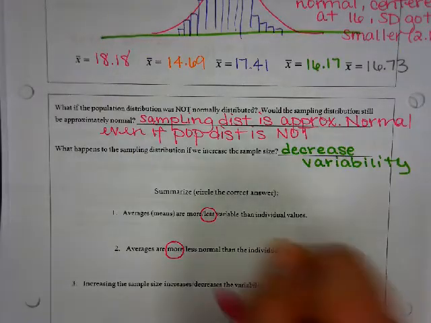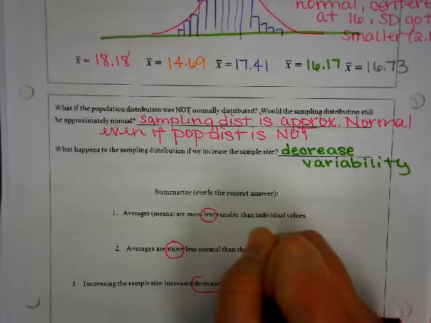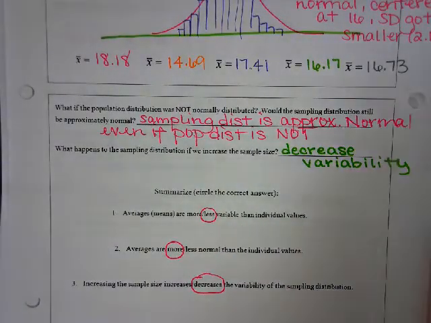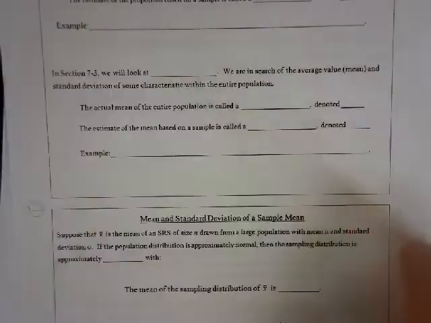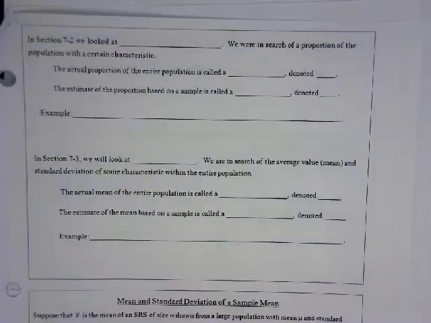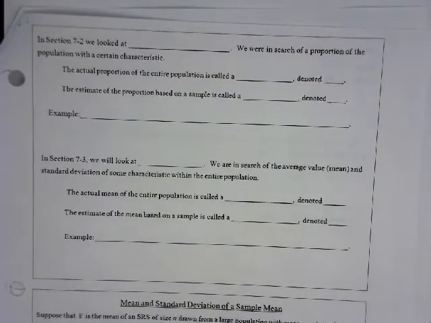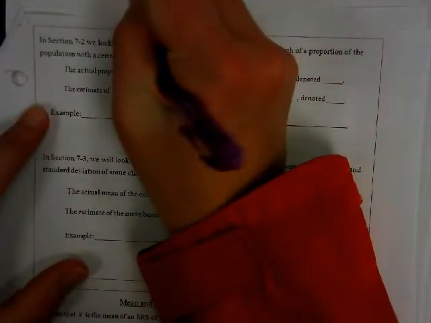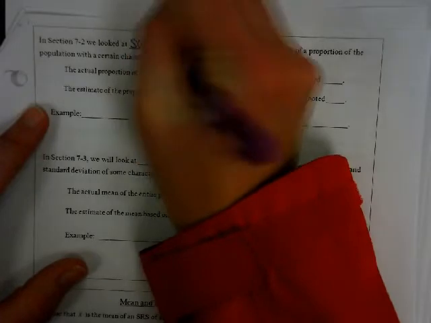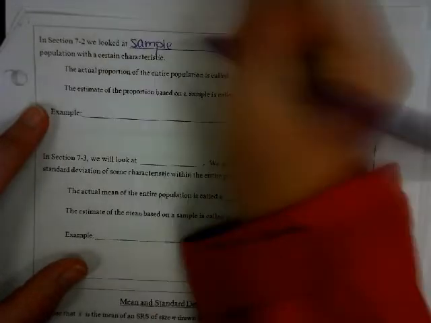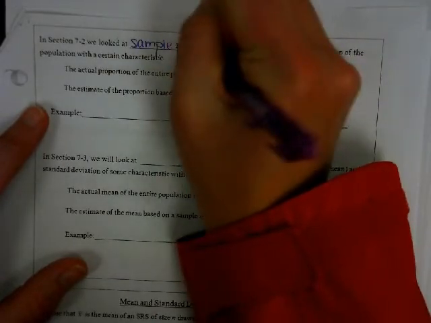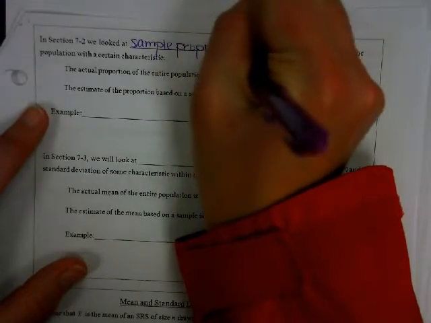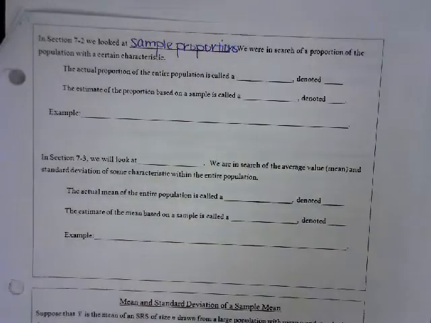All right, so when we were working in 7.2, we looked at sample proportions. We were in search of a proportion in the population with a certain characteristic.